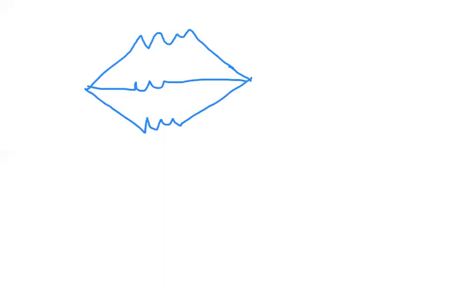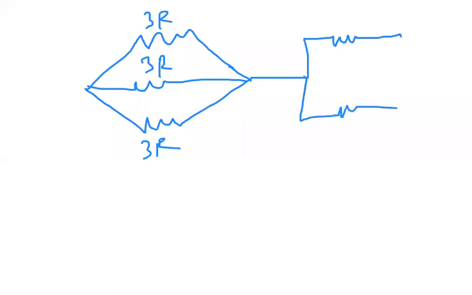Next, if you observe, suppose they are giving the resistances in this way. Here 3R, 3R, 3R, like that 3 resistances are there. And here they are taking 2 resistances, that is 2 resistances are given like that.